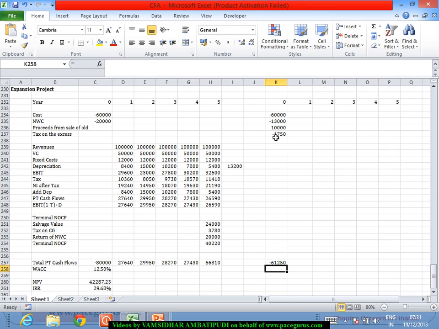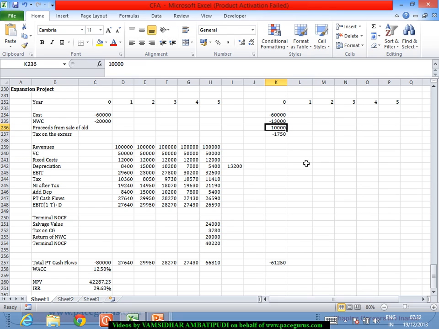So overall it was costing me only 61,000. Why 61,000? Yeah, 73, and probably these are adding up as the benefits. So overall the outflow was only to the extent of 61,250, because I'm able to sell the asset at 10,000, and at the same time I also got a tax benefit because I have sold it at a loss.